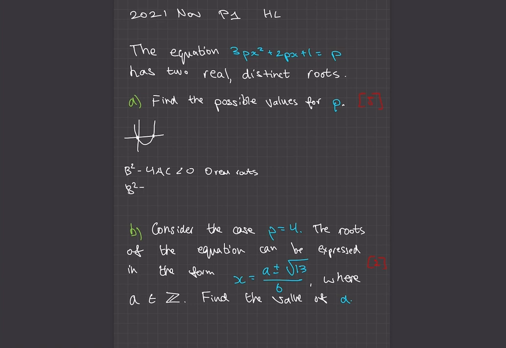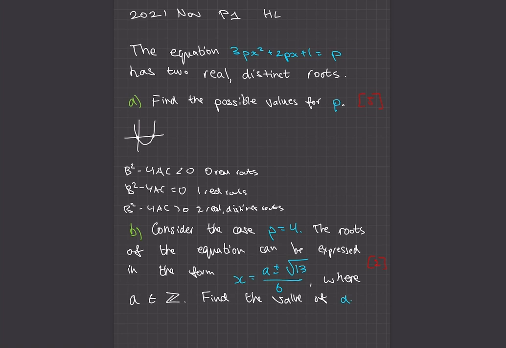If it's equal to 0, then it has 1 real root, or repeated roots. Technically it has 2, but they're repeated. If it's greater than 0, it has 2 real distinct roots. And that third case is the one we're interested in, because they've given us 2 real distinct roots.